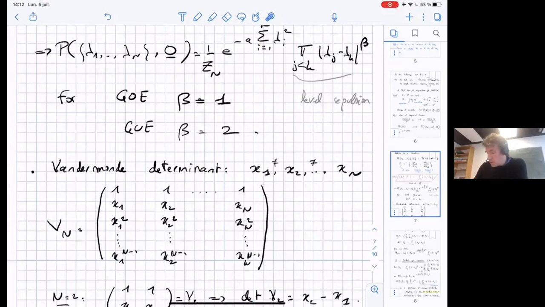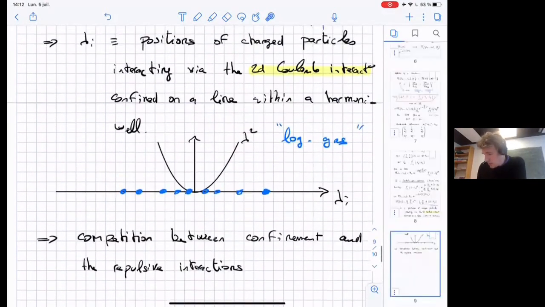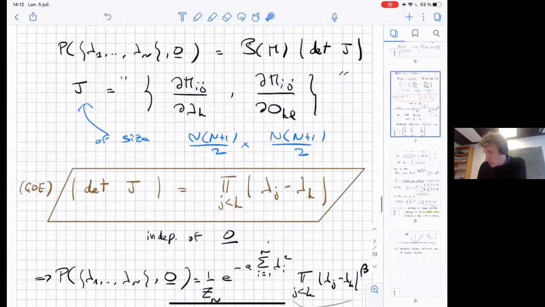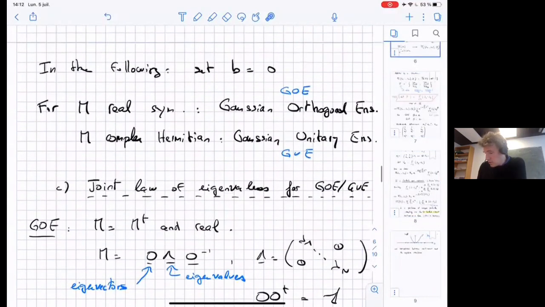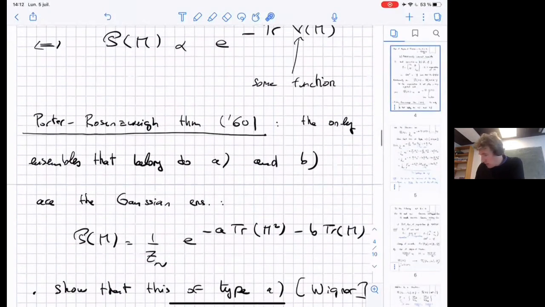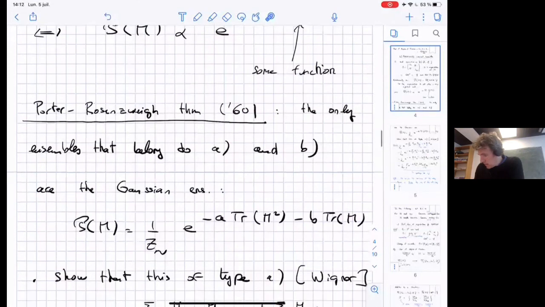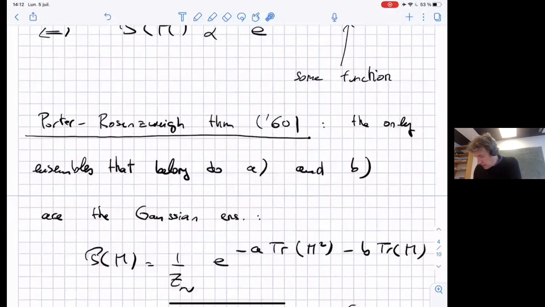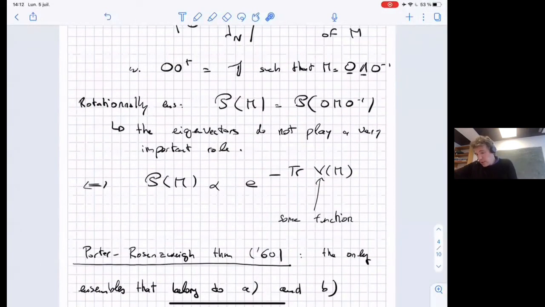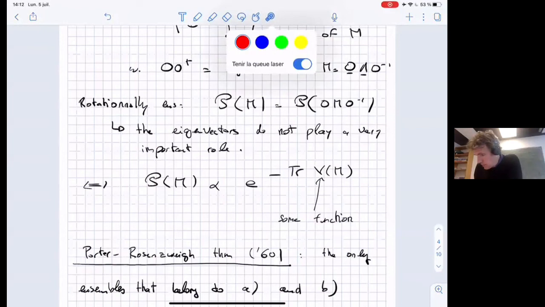So that's typically what happens when you look at this more general model that I just mentioned here, this V of M.